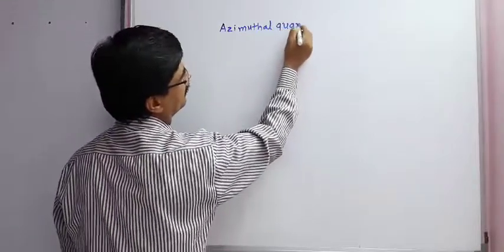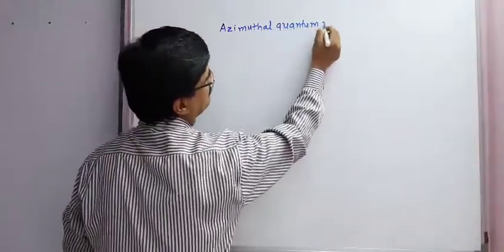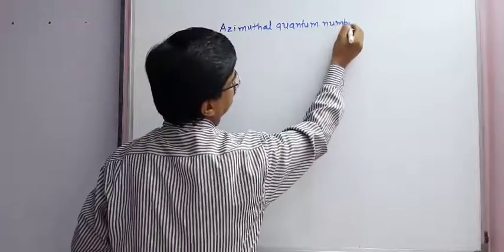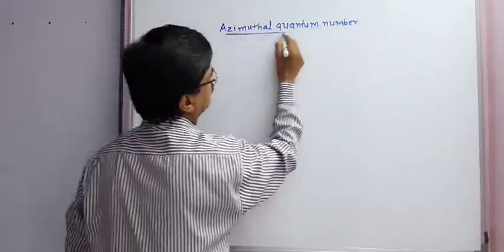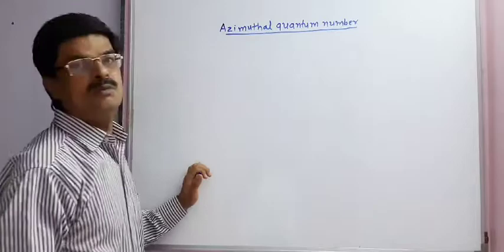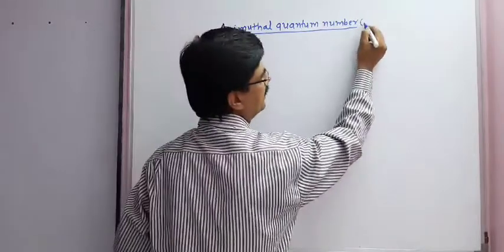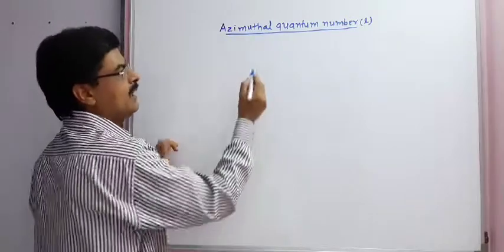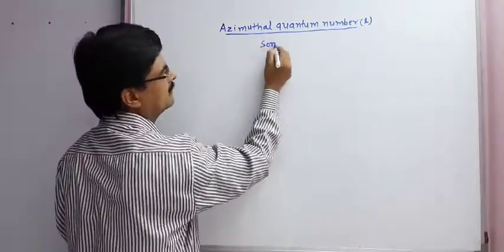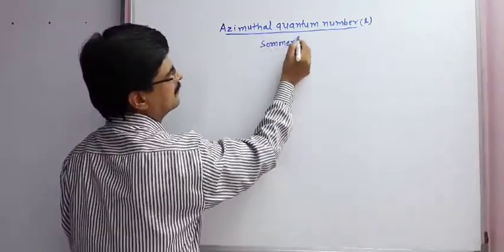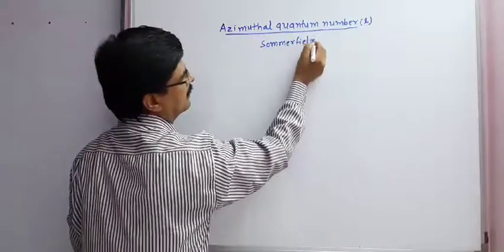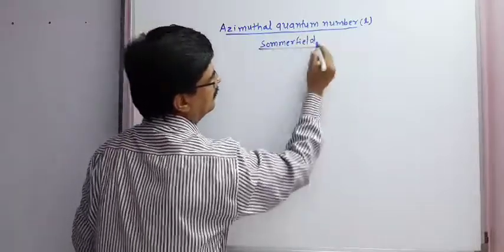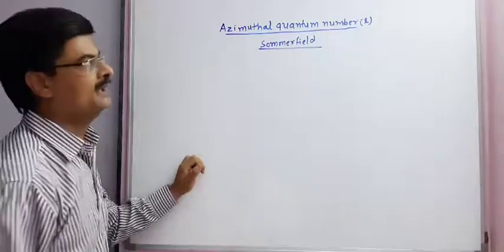Azimuthal quantum number is denoted as small l and it was given by Sommerfeld.